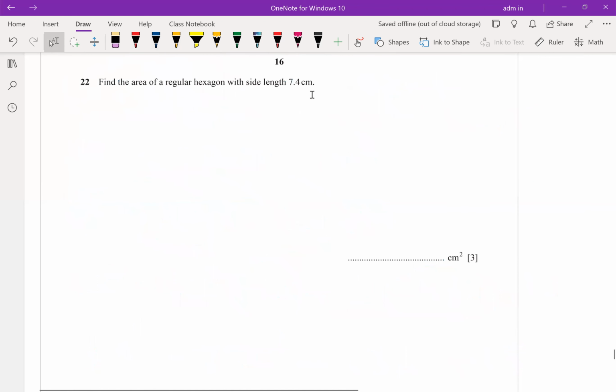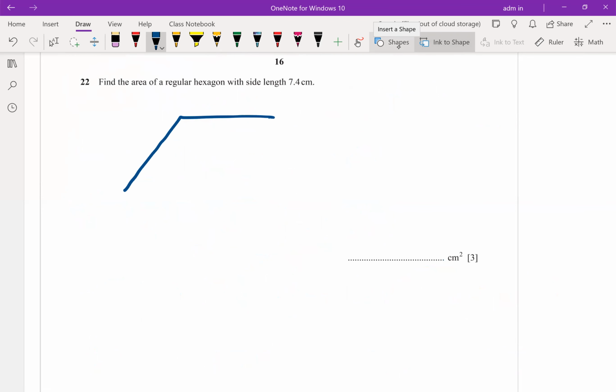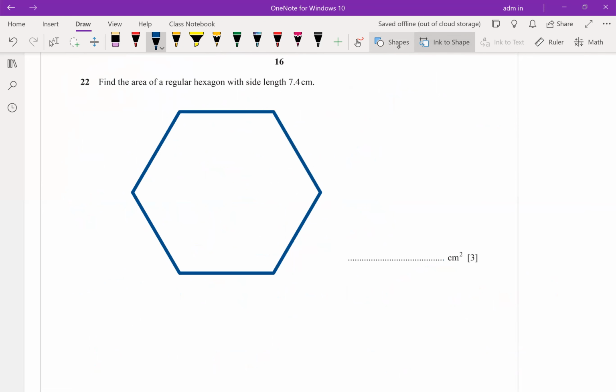The area of a regular hexagon. Do you remember this question? How to find the total surface area of a regular hexagon? How? Very good.